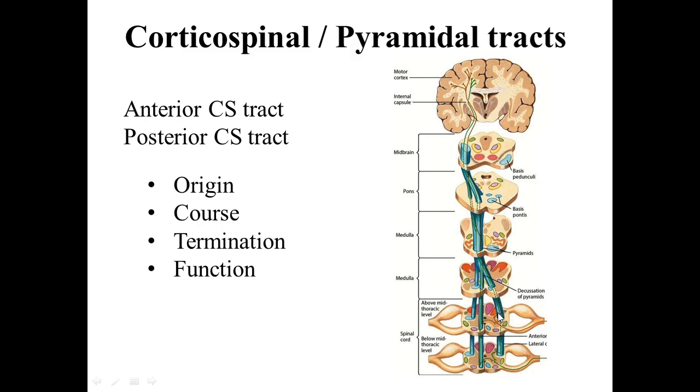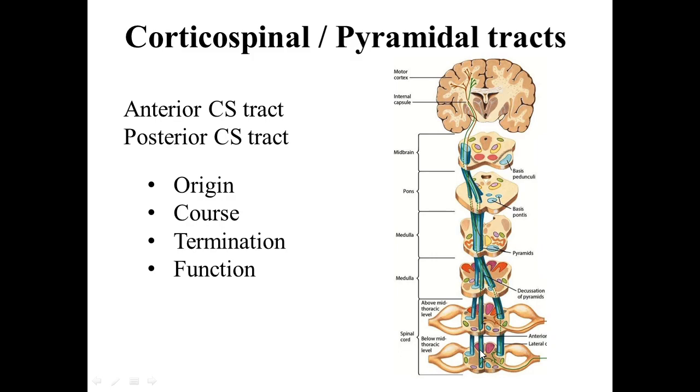Now the remaining 10% of fibers do not cross. Out of them, 8% of fibers pass in the anterior funiculus and these are called the anterior corticospinal tract. So 8% of fibers descend as the anterior corticospinal tract.